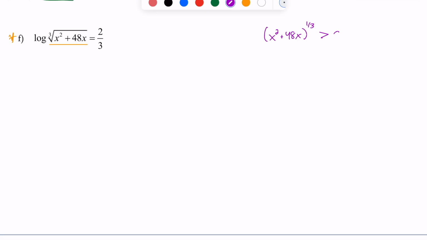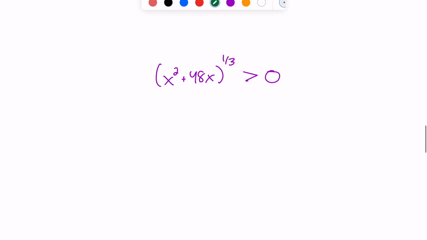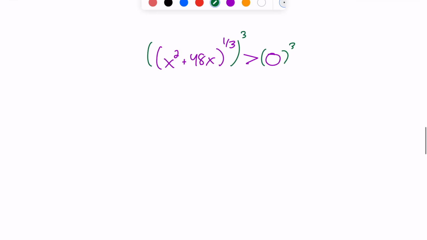And we have to check when is that bigger than 0. So if I am trying to figure out what values of x satisfy my inequality here, let's get rid of that 1/3 exponent. Essentially, that means I'm going to just cube both sides. And I get x squared plus 48x being bigger than 0.